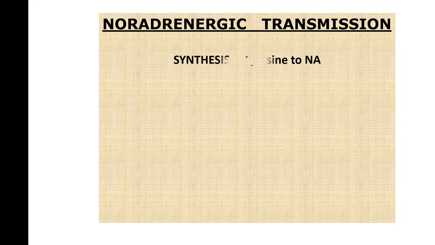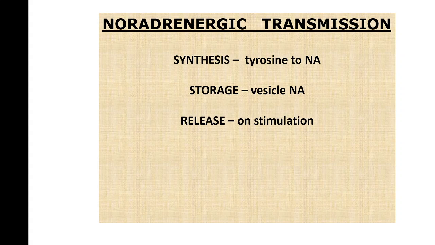Synthesis from tyrosine. Then this noradrenaline synthesized from tyrosine is stored in vesicles. Now upon arrival of stimulation or impulse, there will be release of noradrenaline. Then noradrenaline will act on the organ by acting on the receptors like alpha or beta.